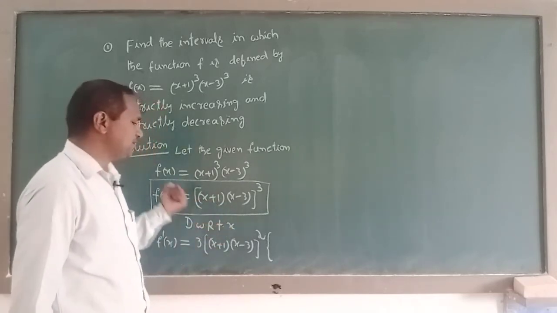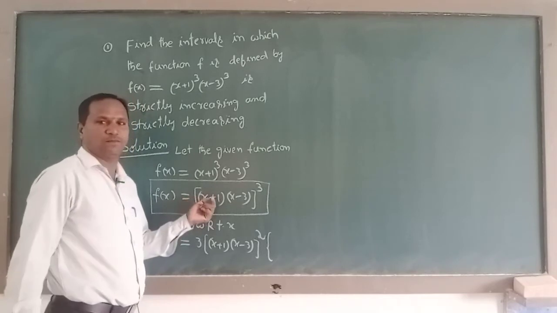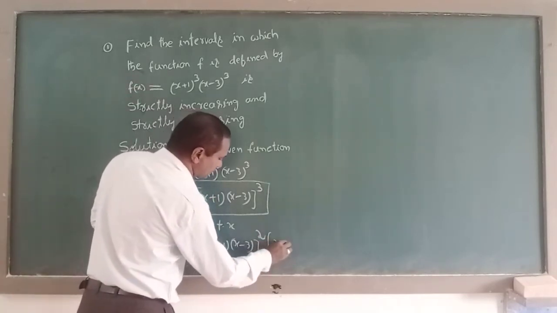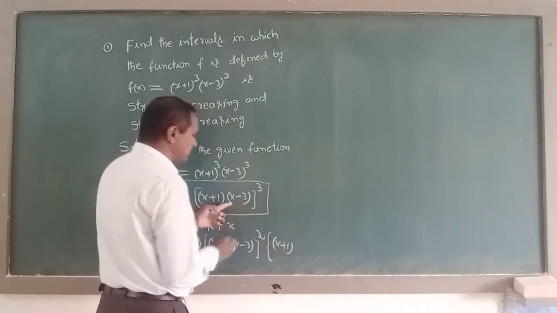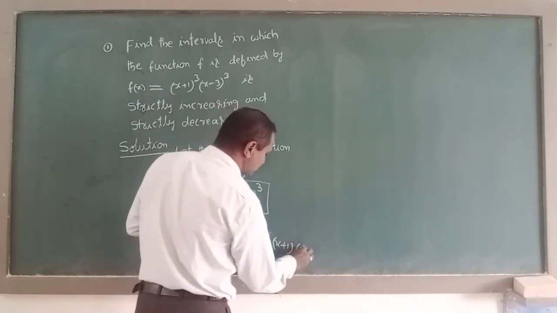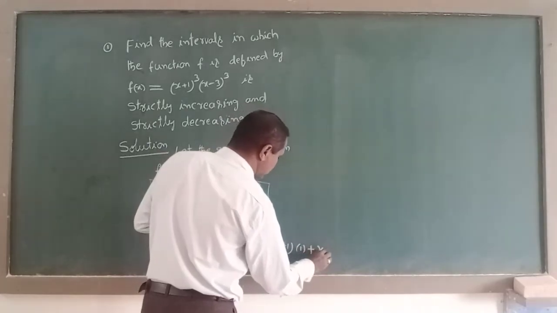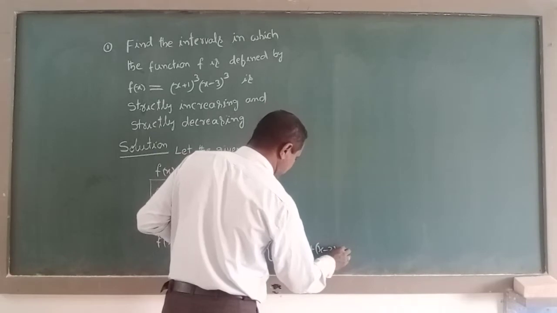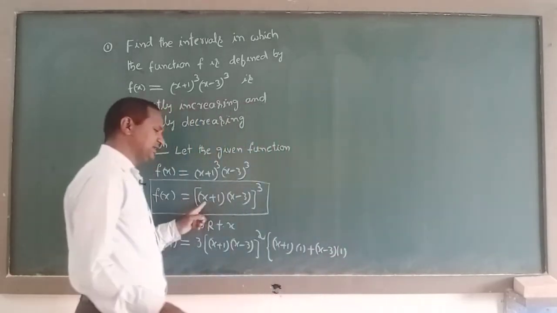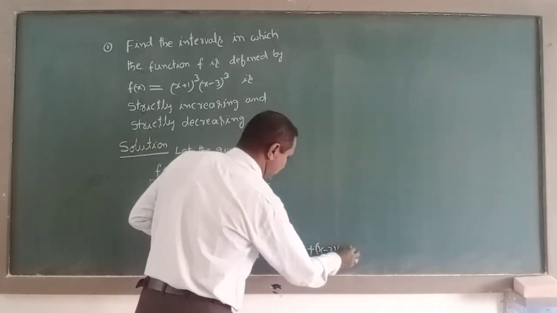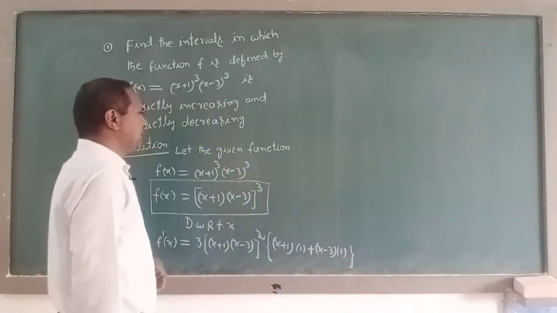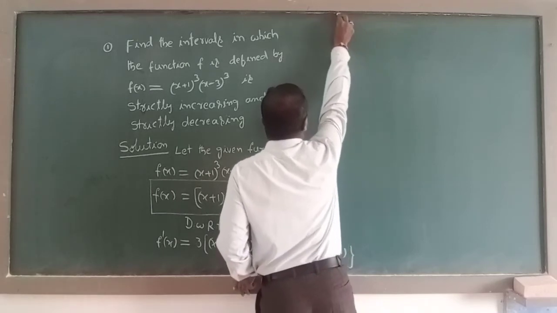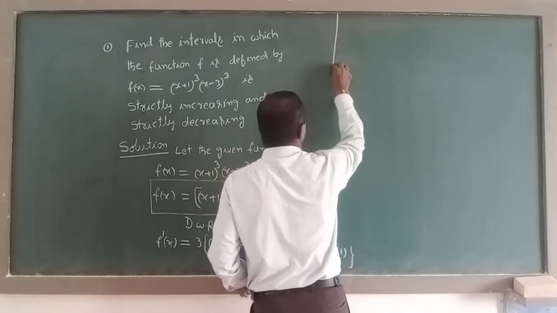In the case of the base, there is a product, so we have to apply the product rule: (x plus 1) into d by dx of (x minus 3), which becomes 1, plus (x minus 3) into d by dx of (x plus 1), which is 1. Next, draw a line here and separate this part.